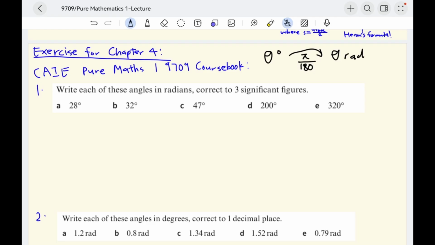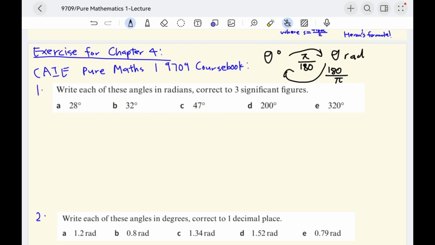Then if you want to carry out the reverse process, you just multiply by 180 over pi, or divide by pi over 180. Okay, so use this relationship to convert each of these angles from degree to radian.